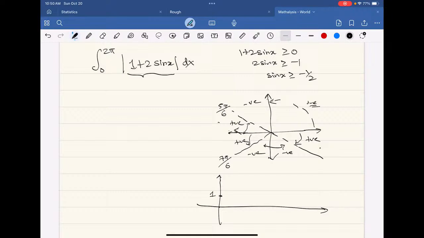Now, this can be our pi, and this is our 2 pi, in between them let's say pi by 2 over here, 3 pi by 2, the curve will go up like this and over here like this, right? And it will hit 0. When does it hit 0?